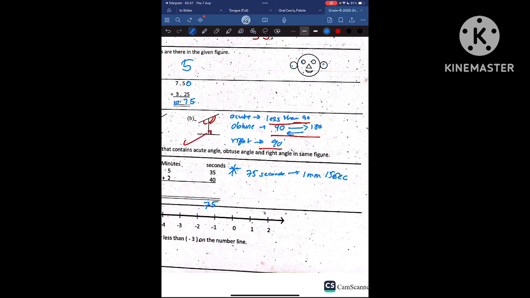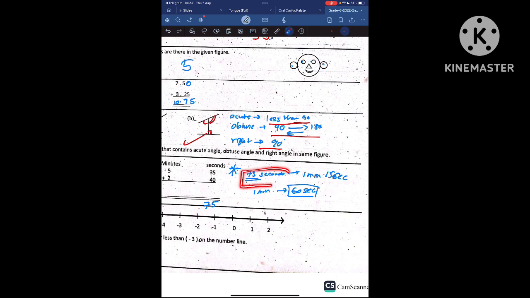Why? In 75 seconds, 1 minute means 60 seconds, right? So 75 consists of 1 minute also. It is more than 60. If any number is more than 60, keep this in mind, you have to subtract from the given answer to get the remaining ones.